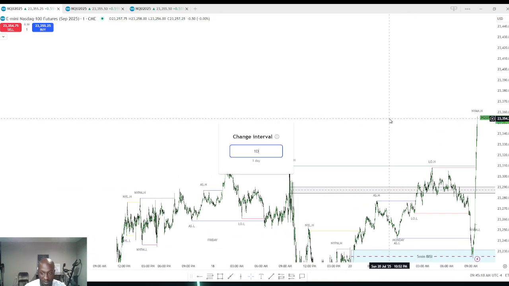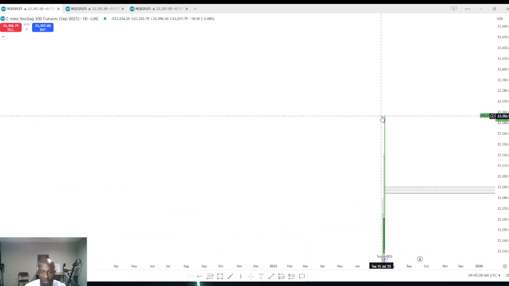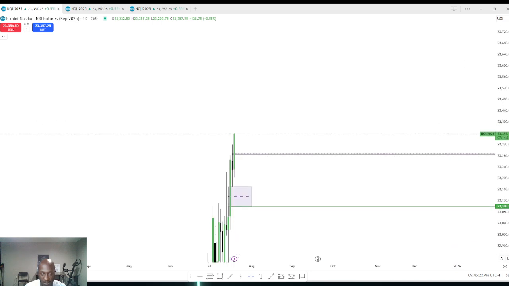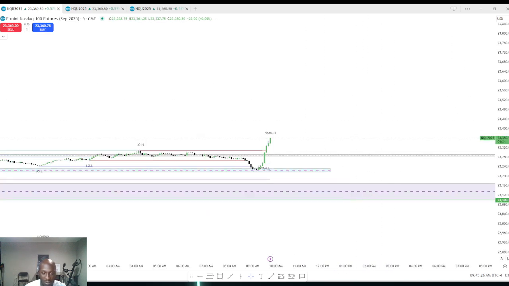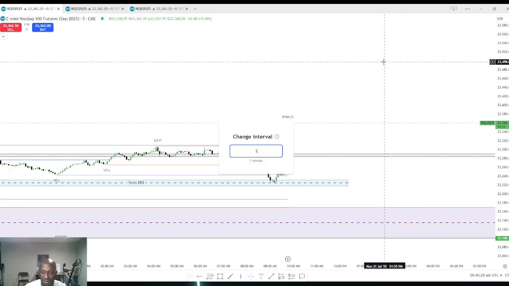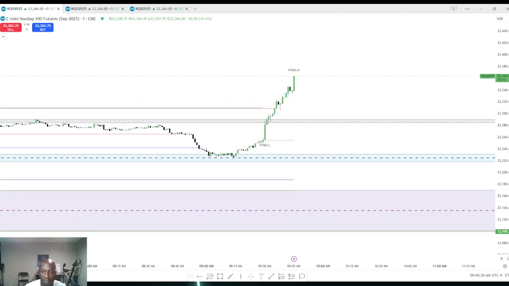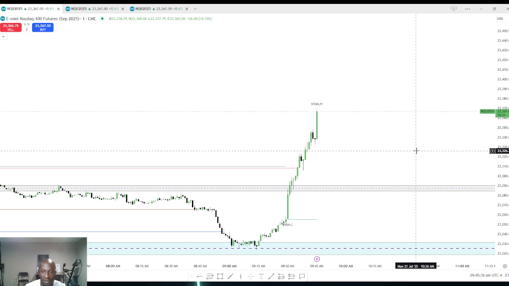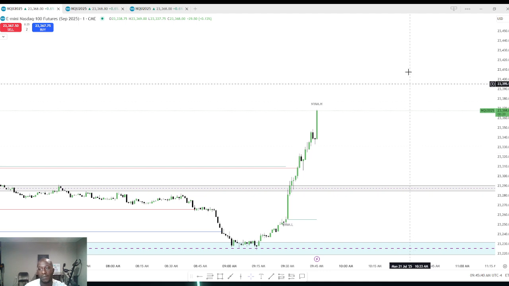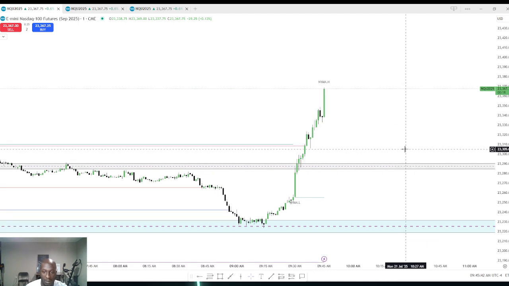Since we just made a new high, once we make a new high it could continue to run. So let's look for an entry. Normally it's 4, so we'll just go 2 contracts and see if we keep climbing.